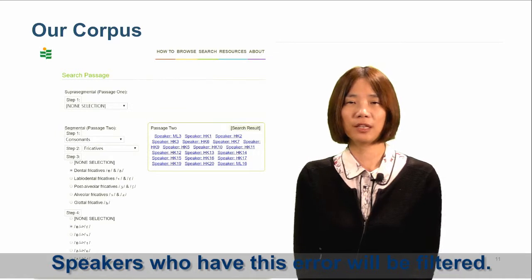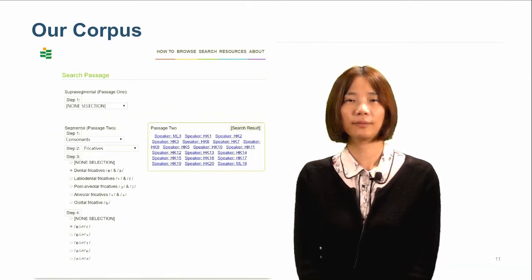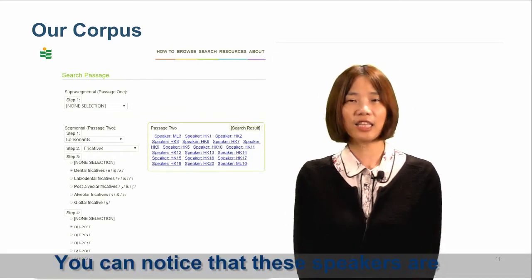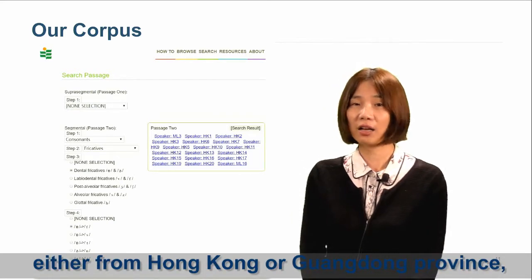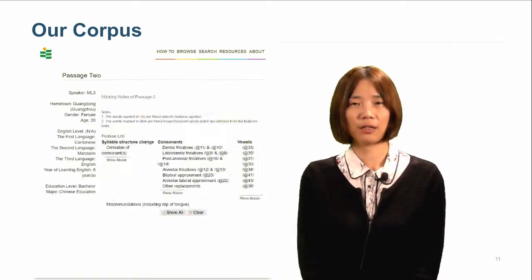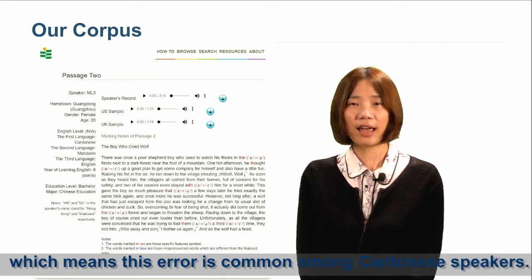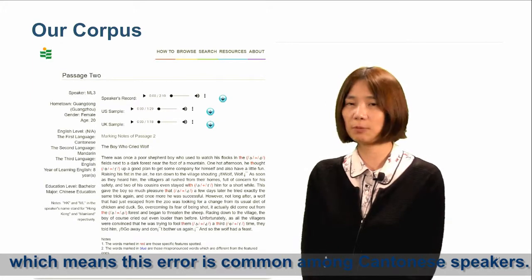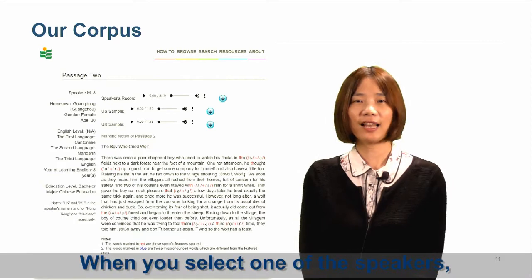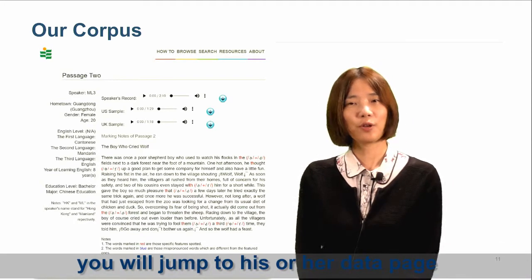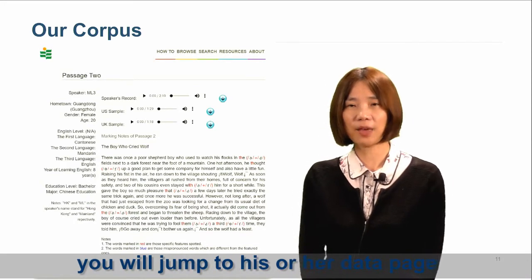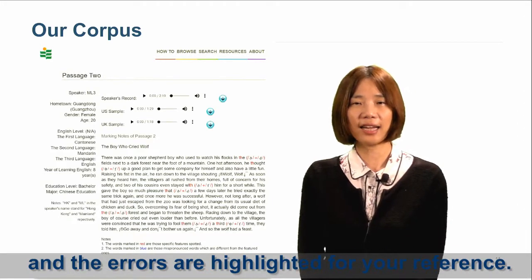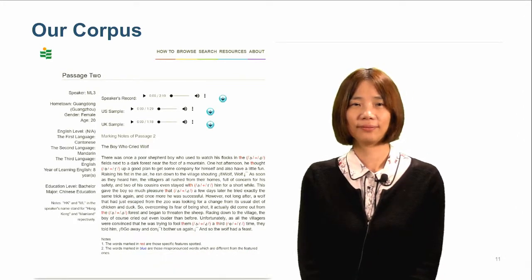Speakers who have this error will be filtered. You can notice that these speakers are either from Hong Kong or Guangdong province, which means that this error is common among Cantonese speakers. When you select one of the speakers, you will jump to his or her data page, and errors are highlighted for your reference.